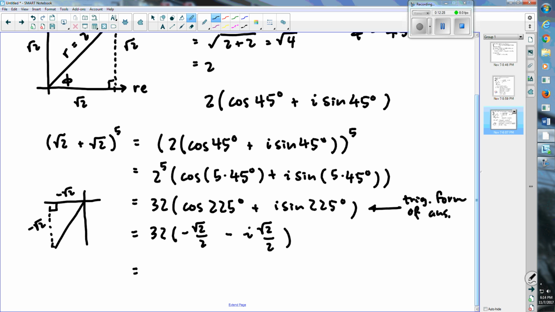Just cleaning this up a little bit, multiplying the 32 into both of these terms inside the parentheses, we end up with a negative 16 root 2 and minus 16I root 2. And this is the rectangular form of the answer.